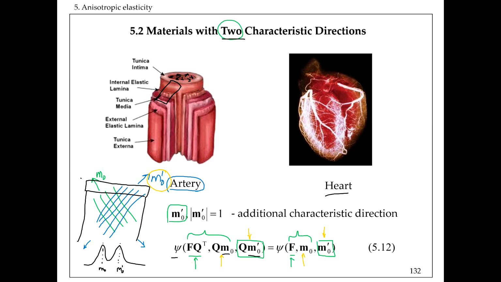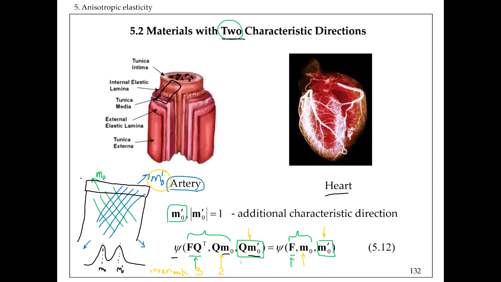To model this invariance, we want to express the energy function in terms of invariants. For isotropic elasticity, we only had 3. Then when we had this fiber, we actually had 5, so we needed to add an additional 2.